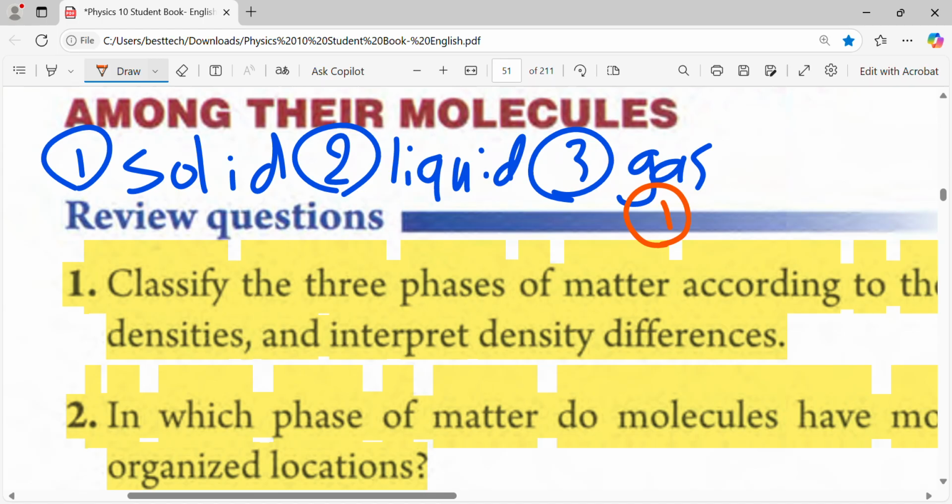Second, liquid. So first gas, lowest density, then liquid, the last one solid. Solid has the greatest density because the distance between the atoms is so close, so we have a large force, and that's why we have a large density. So from the lowest density phase: gas, then liquid, then solid. Okay.